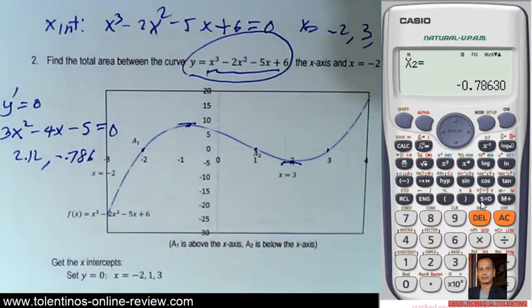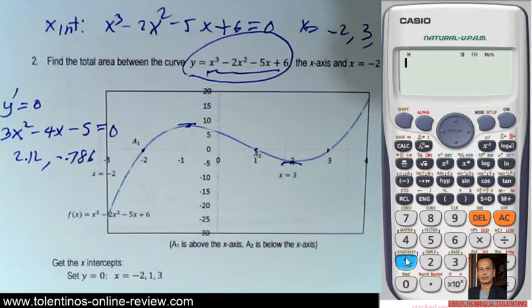Okay, substitute that point. So what you do now is enter that equation, x cubed minus 2x squared minus 5x plus 6, and then substitute the point 2.12.